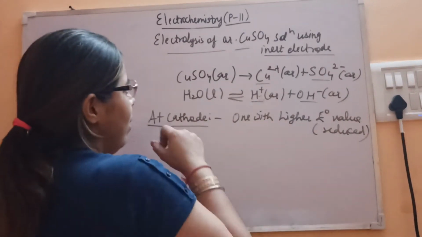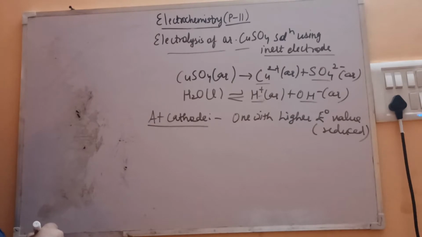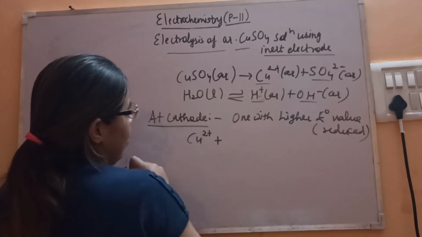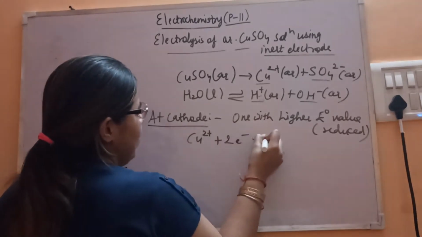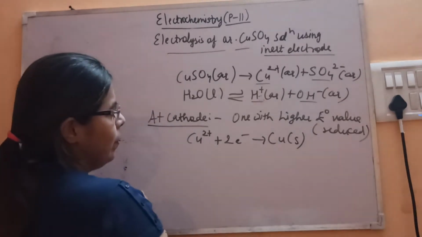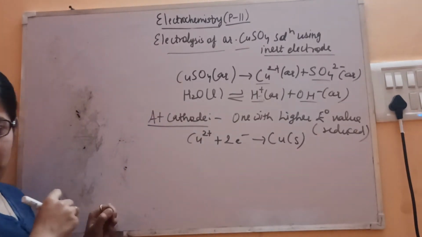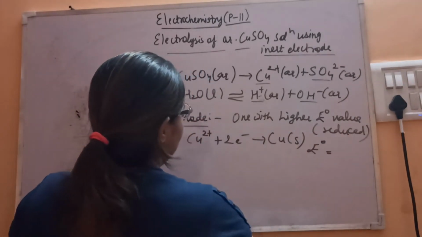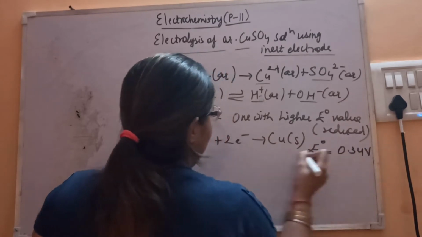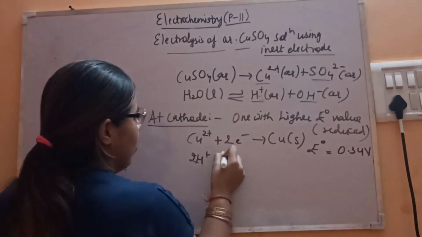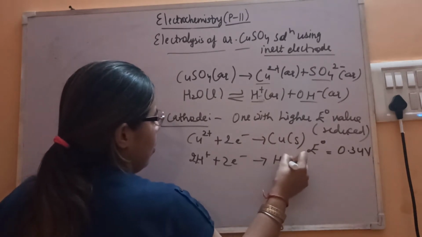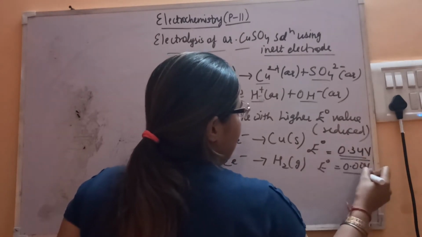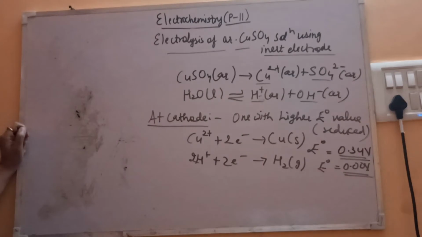Here Cu2+ will accept 2 electrons and give you Cu. We know that this E0 is 0.34, and for hydrogen it is 0.00. The one with the higher E0 value gets reduced in preference to the other.